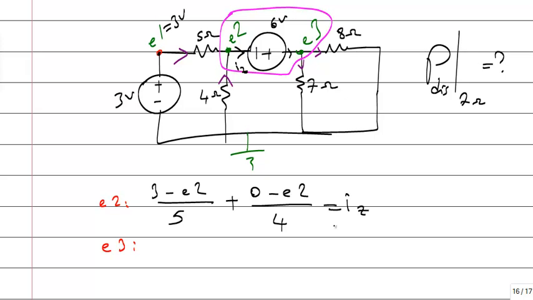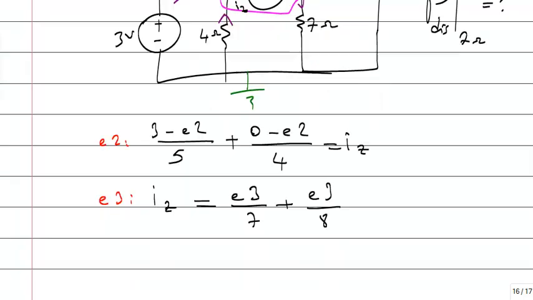Okay. Then you will need another equation at E3. This current is IZ, because IZ is entering, the same value should be exiting, is equal to this current, E3 minus 0 divided by 7 plus E3 minus 0 divided by 8.